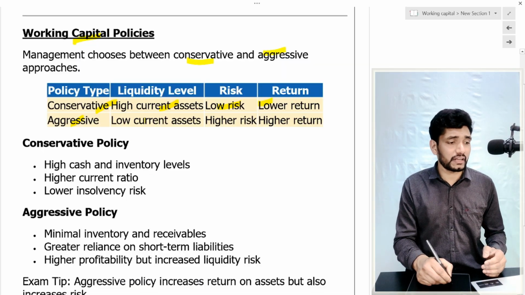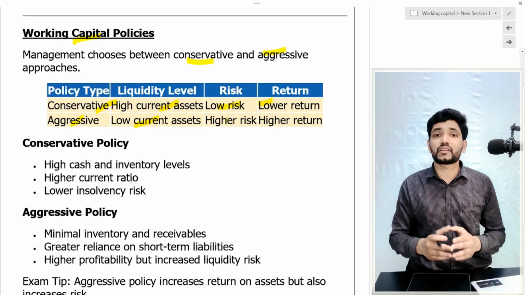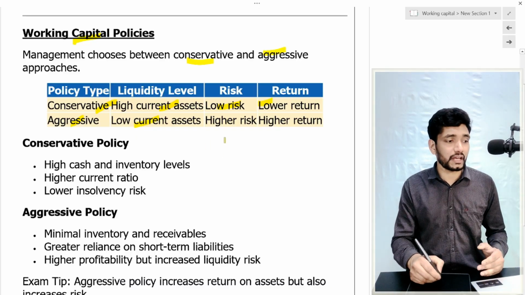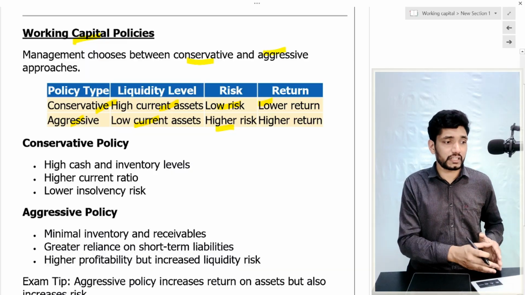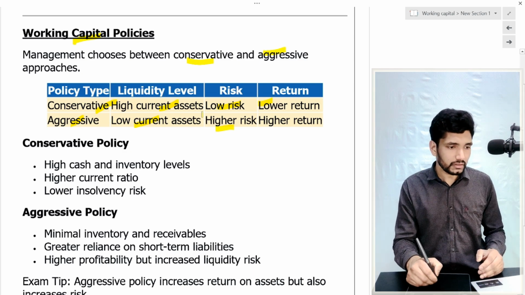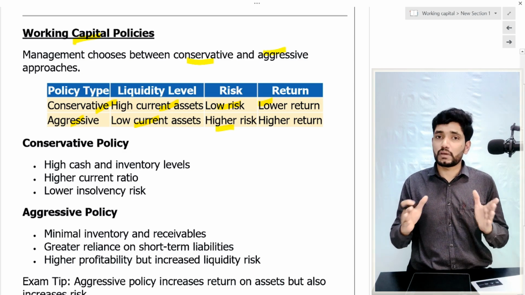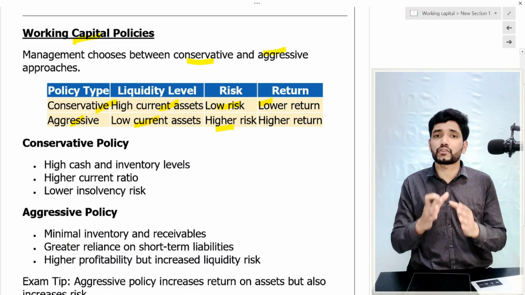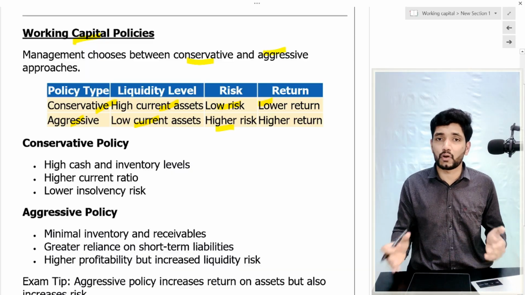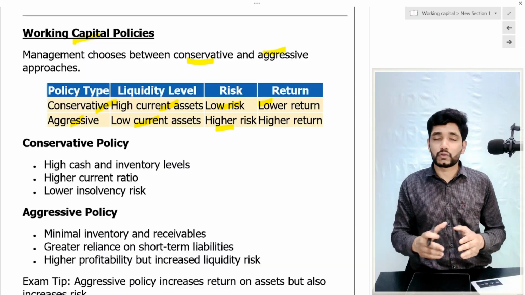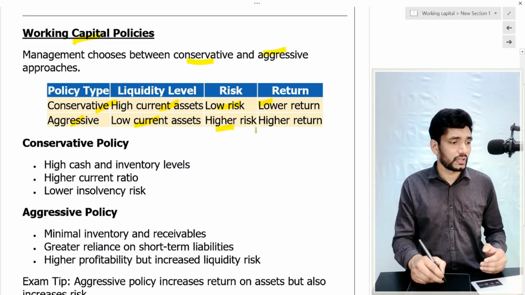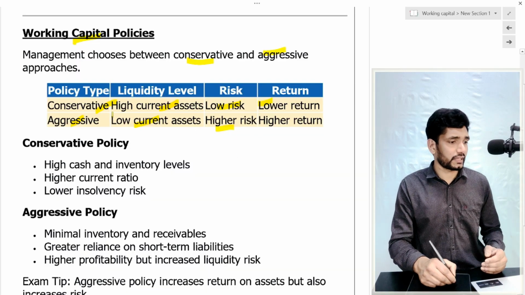Definitely the current assets will be low and the risk of liquidity is higher than in the conservative approach, because comparatively the working capital is lower. When it comes to return, normally it will offer a higher rate of return because the total investment in working capital is lower. If you look at the rate of return related to investment, your return will be higher. So these are the two approaches to working capital management.